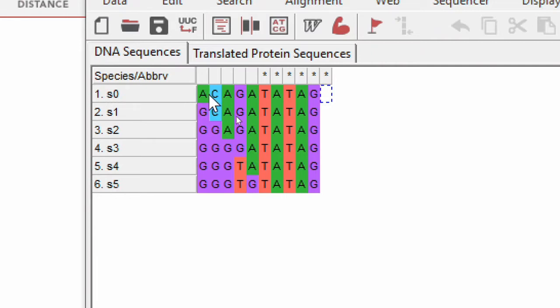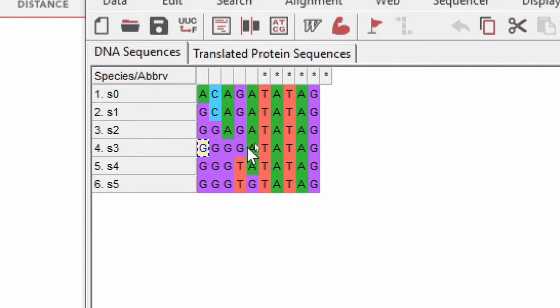So here you can recognize our original sequence, which I designated as sequence 0. In sequence 1, I have replaced one nucleotide, A to G. So here we have one substitution out of 10. In sequence 2, I substituted 2 nucleotides. These 2 nucleotides are now different.